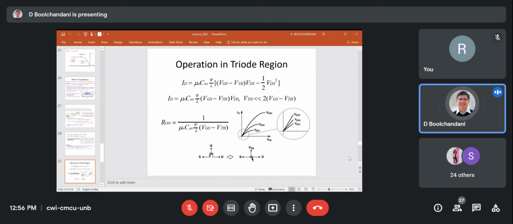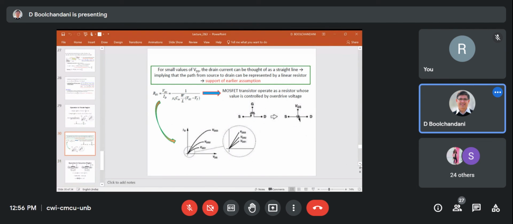This is in the deep triode region, when your VDS is much less than 2 (VGS minus VTH). For a small value of VDS, the drain current can be thought of as a straight line, implying that the path between source and drain can be represented by a linear resistance. So the MOSFET transistor operates as a resistor whose value is controlled by the overdrive voltage. This is known as the overdrive voltage, VGS minus VT.